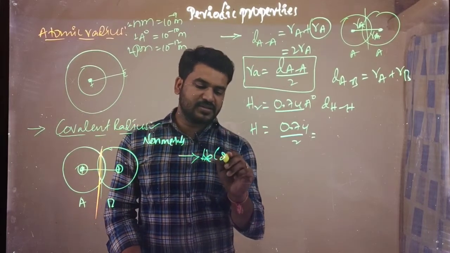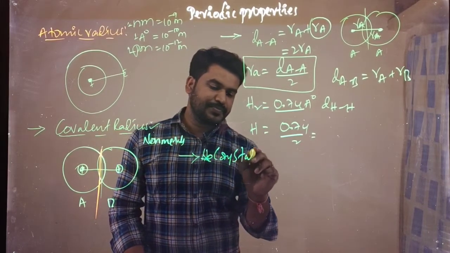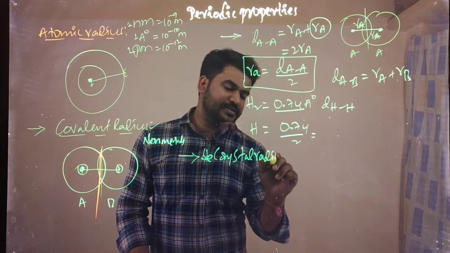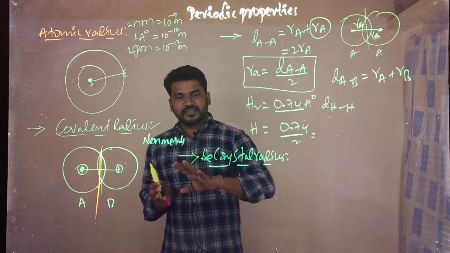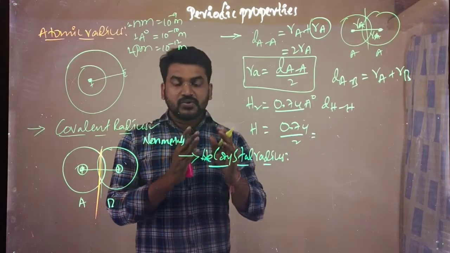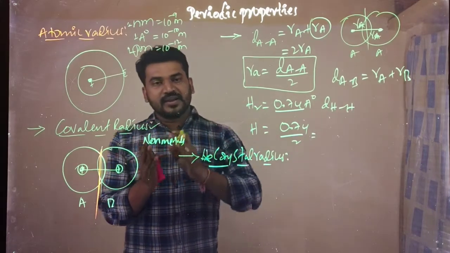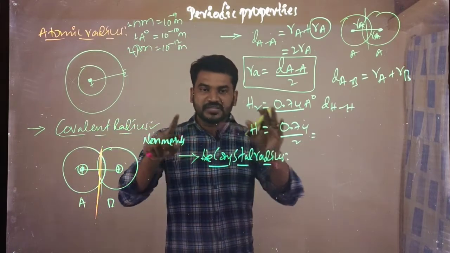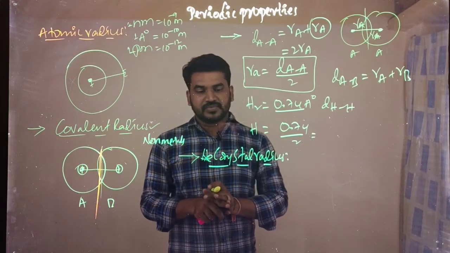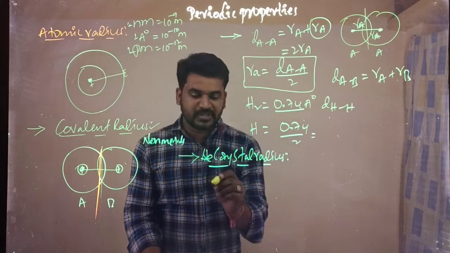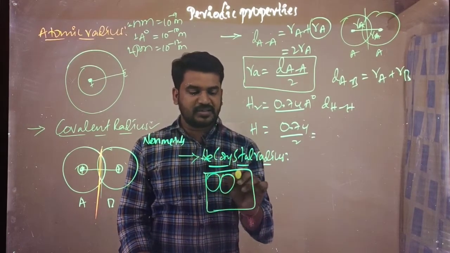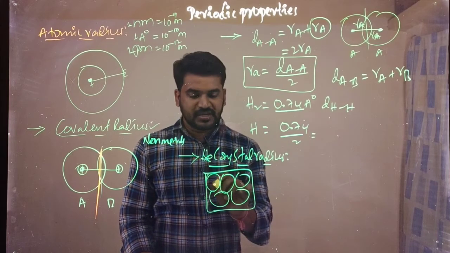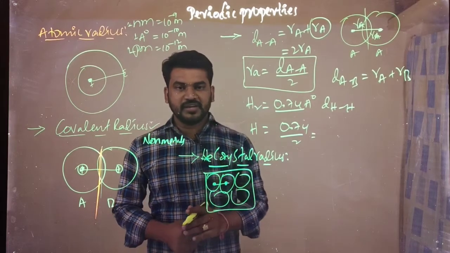Crystal radius. Very simple. Crystal radius means the distance between two metal atoms which are placed in a crystal. Suppose you take a crystal where any metals are there, and you take any two atoms.